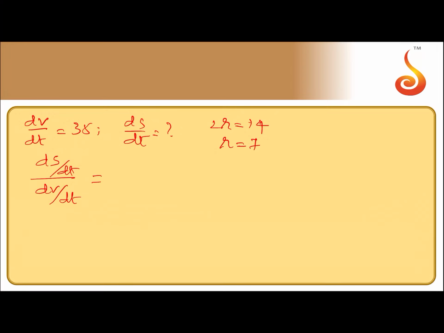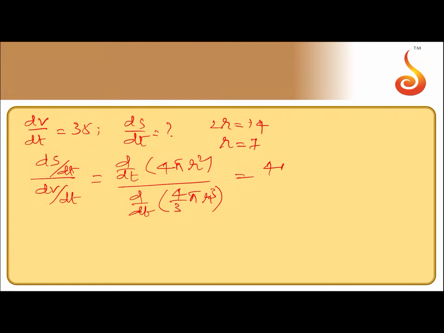Let me take up this one, that is equal to the derivative with respect to time of 4 pi r square. Spherical balloon means area is equal to 4 pi r square, and d by dt of volume 4/3 pi r cube. When you find the derivative, you'll be getting 4 pi multiplied by 2r dr by dt, divided by 4 pi r square multiplied by dr by dt.